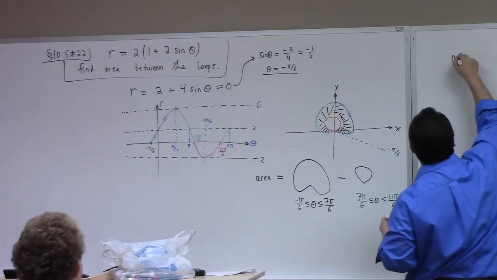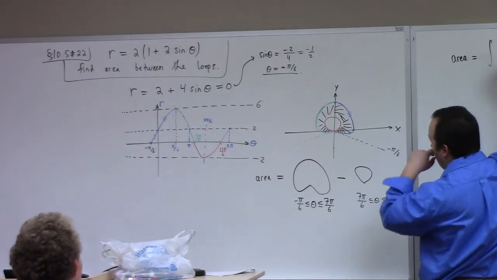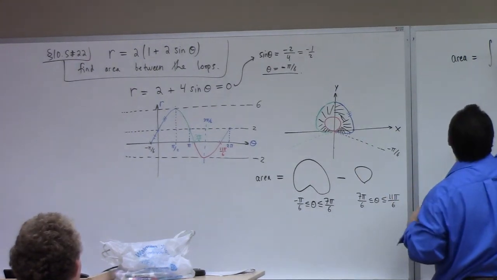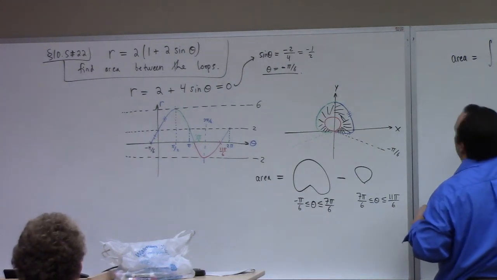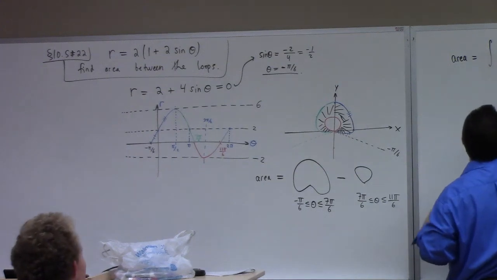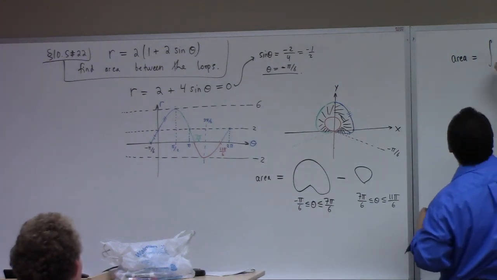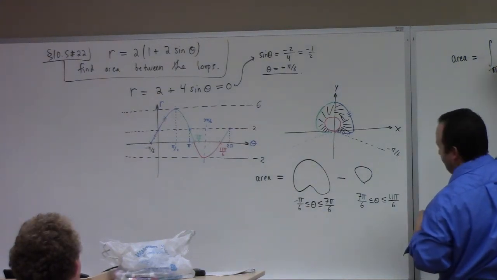So the area integral, 1/2, the radius squared, which is what? Oh, well, it is what it is. I mean, it's not bad. I'm not going to actually do it. I'll just set it up. I think the setup is the thing that you're most curious about, right? Yes.